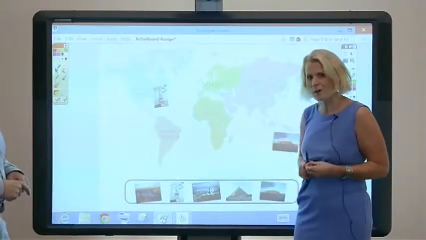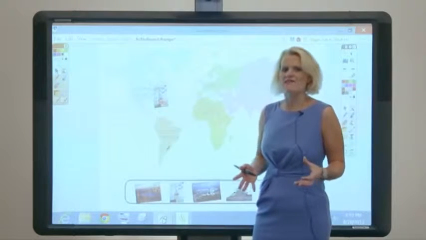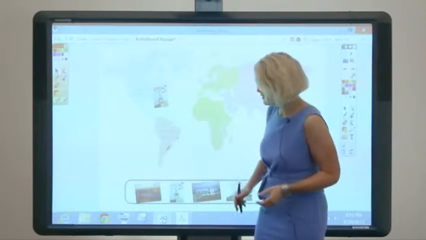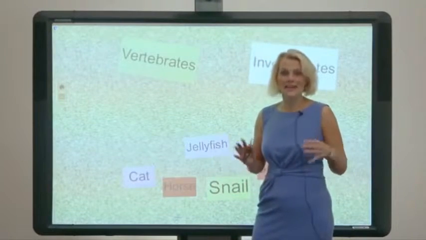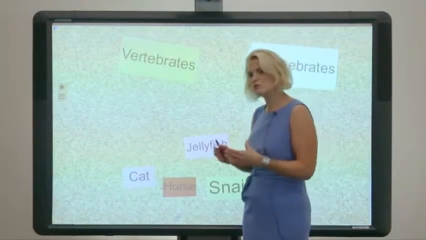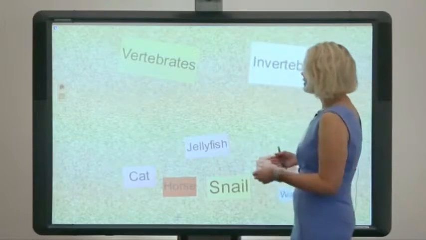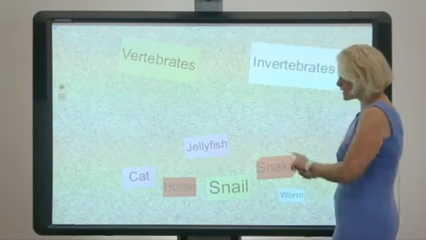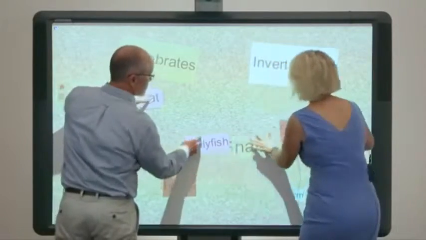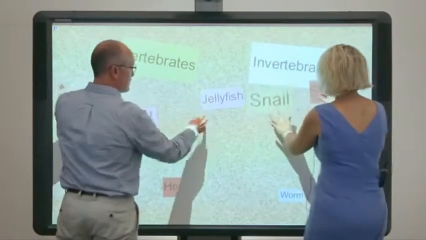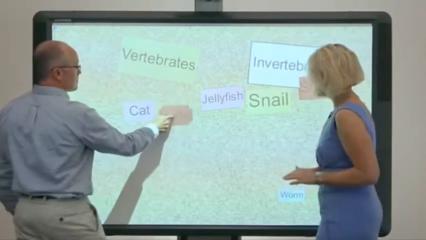The last feature in the 578 range that we want to share with you is the ability for multi-users or multi-inputs at the same time. So you saw 2 pens working together. We're now going to work on this sorting activity where we're going to pick up the labels simultaneously and move them into place. So you can see we've got 4 labels moving at the same time there.